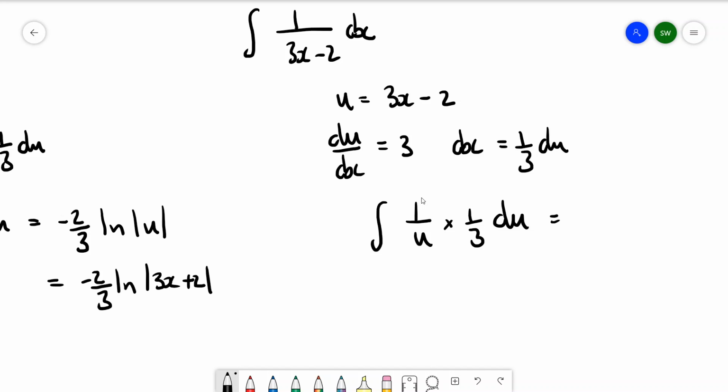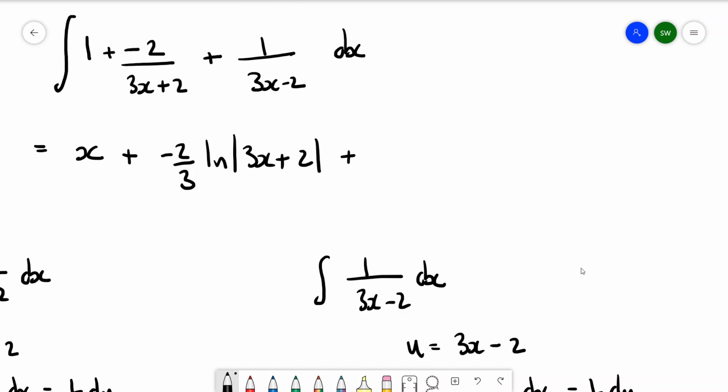The integral of 1 over u is log u, so this is going to be 1/3 natural log of u, and then we can replace u with 3x minus 2. So this is going to be plus a third natural log of (3x minus 2) plus c.